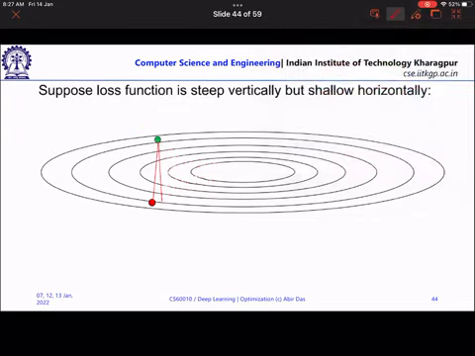But when you are computing the gradient for the green one, it is completely forgetting what brought it here, right? It does not have any effect of the gradient that brought this green point from the red one.